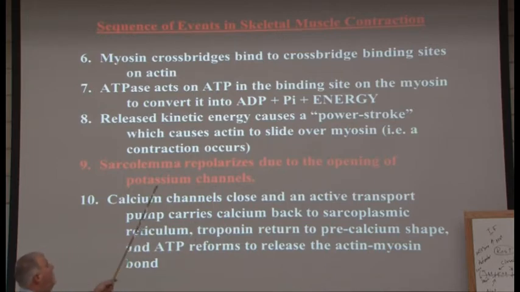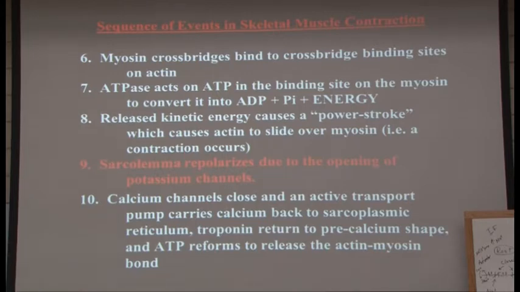So even though this step 9 suggests that the sarcolemma repolarizes, and that step has to occur before a muscle can physically begin to relax, the repolarization has already occurred on the membrane while we've been talking about the internal activity of the muscle cell itself. Now this is the key to understanding the overlapping graphs relative to that.